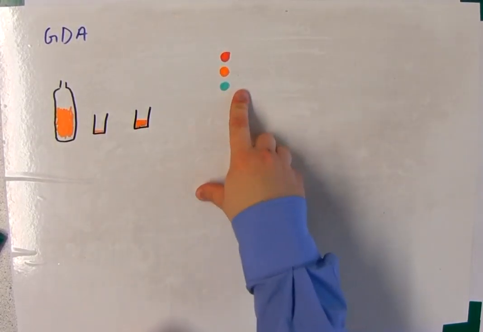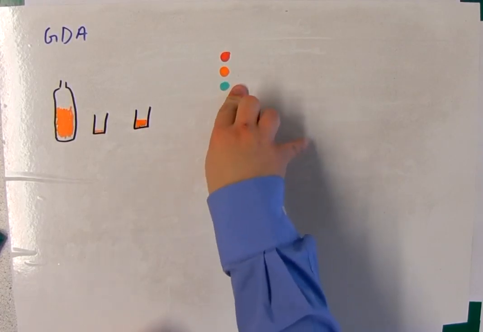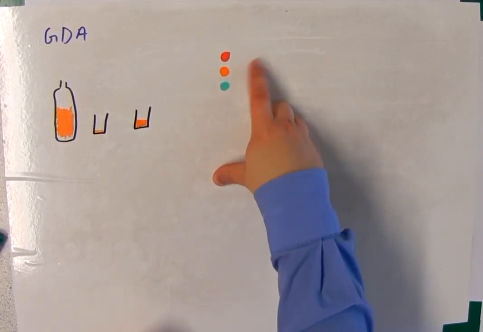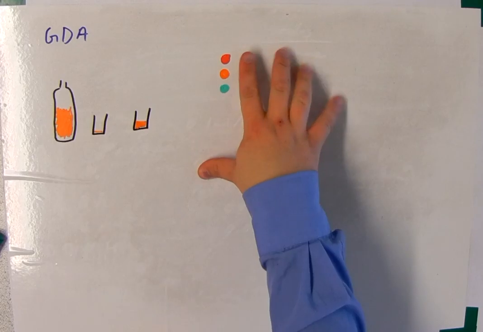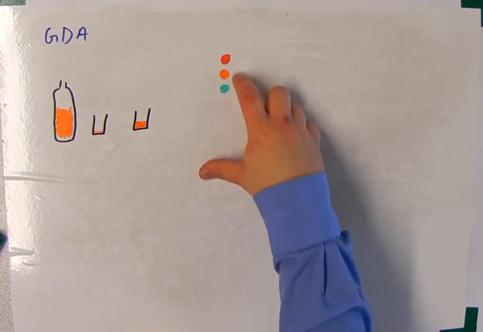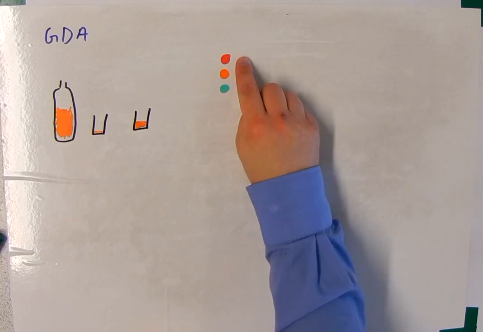Green means it's got a low value relative to your guideline daily allowance. Orange is it's got medium, and red if it's got a high, usually approaching your guideline daily allowance. If you're eating things with lots of reds in, think very carefully about what you're eating. Maybe reduce your consumption of those.